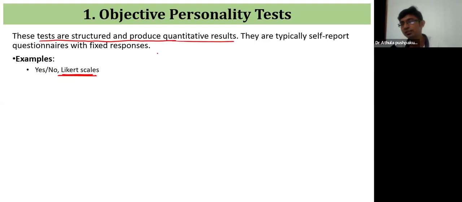The clear objective can be identified. Previously, I said to you, we wish to measure teacher performance. We can measure the personality based on objective. The example, Likert scale. Tests are structured and produce quantitative results.